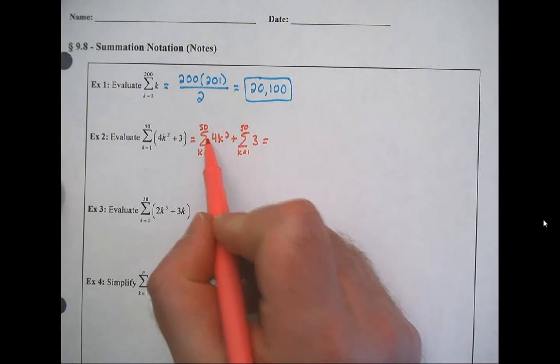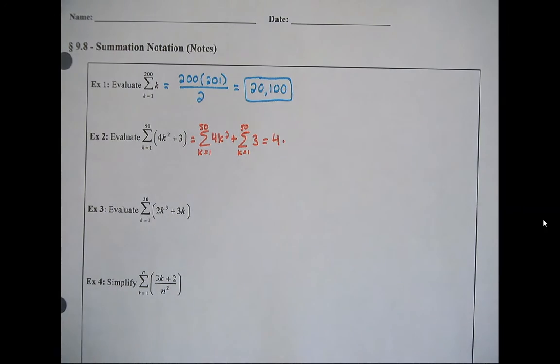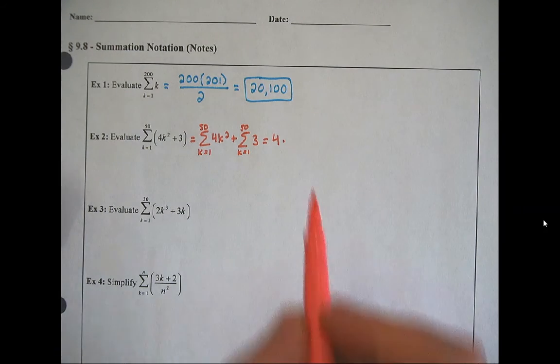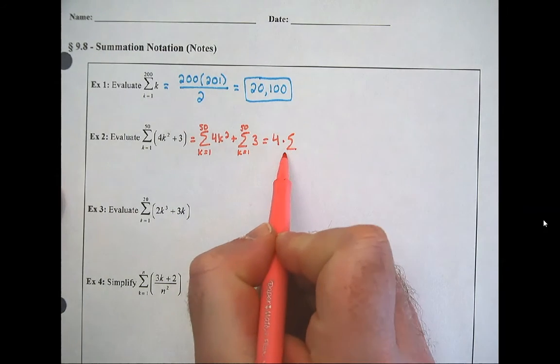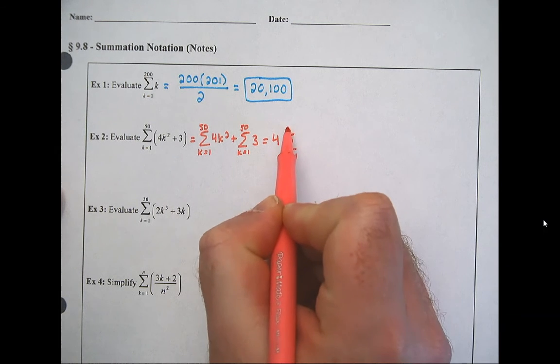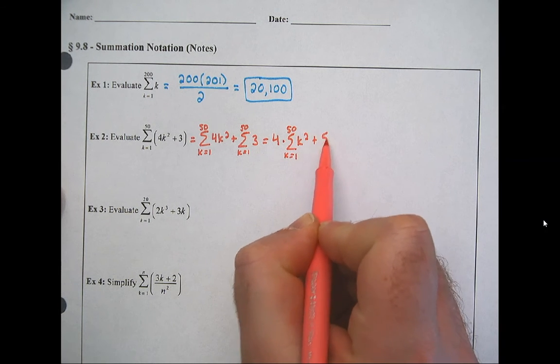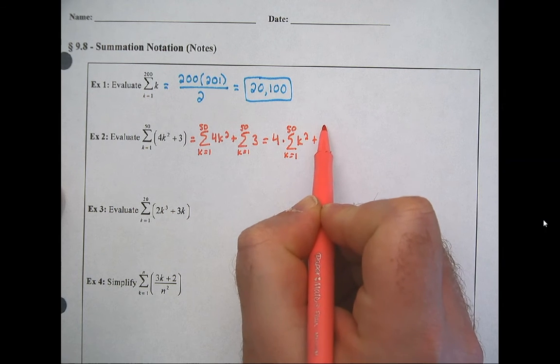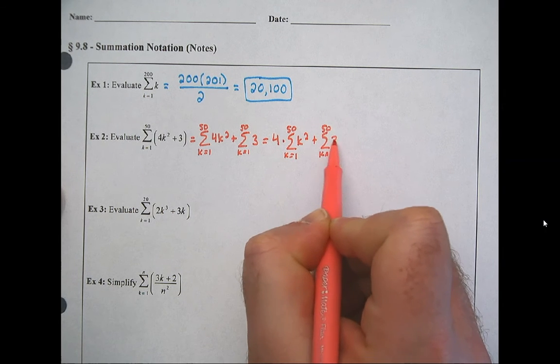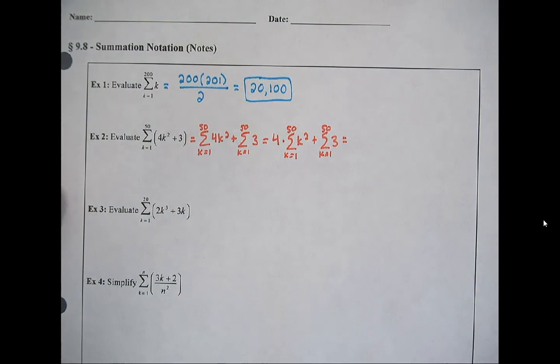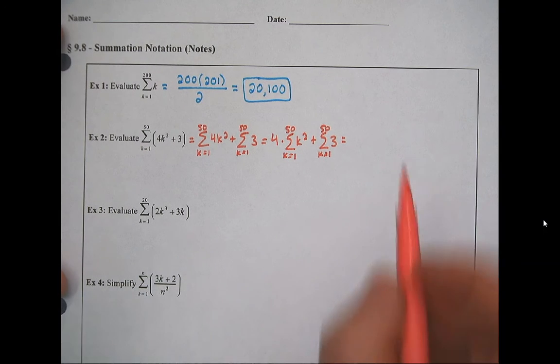So I'm now going to take this 4 out in front: 4 times the sum from k equals 1 to 50 of k squared, plus the sum from k equals 1 to 50 of 3. Now it's just a matter of plugging and chugging things in the right spot.